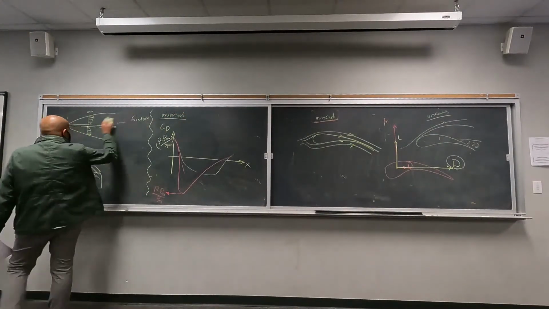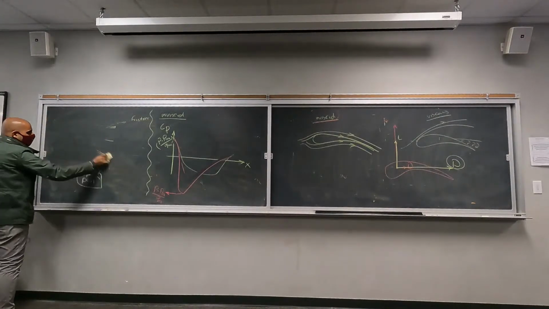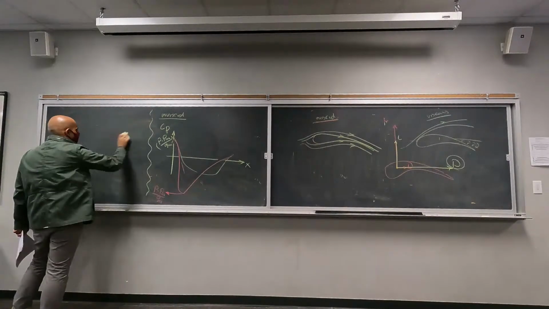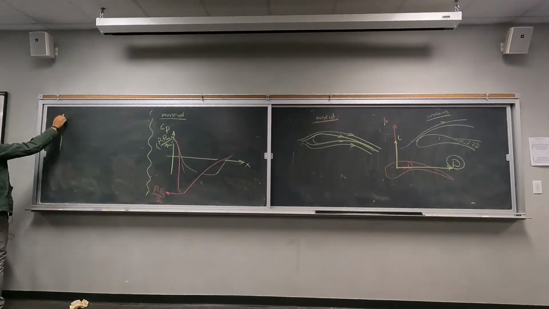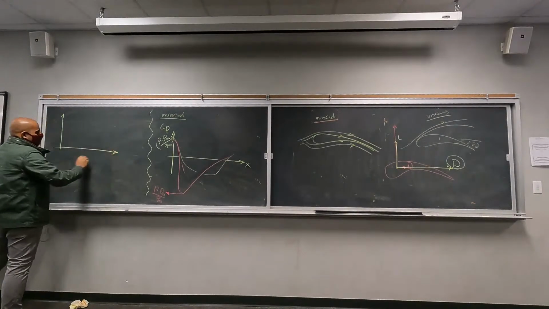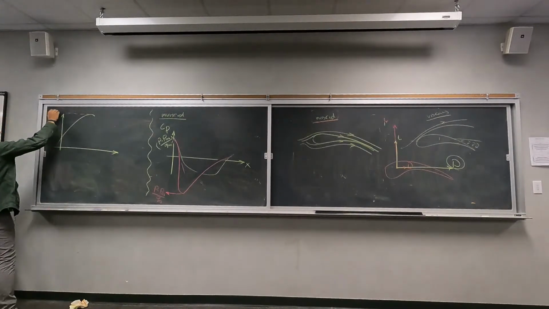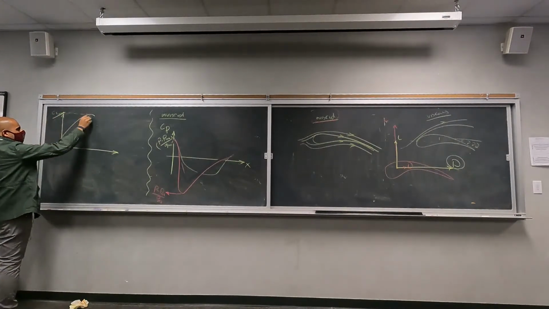Okay, and it's something that we want to talk about a little more, and go into a little more detail. So CL versus alpha. This was your maximum lift coefficient, right? And then you will see a drop in lift.